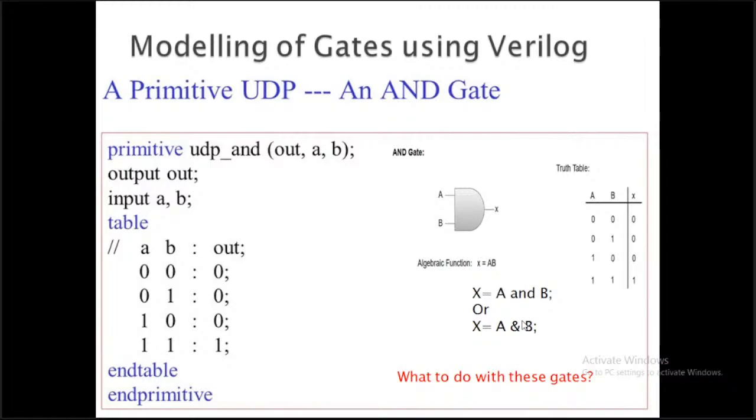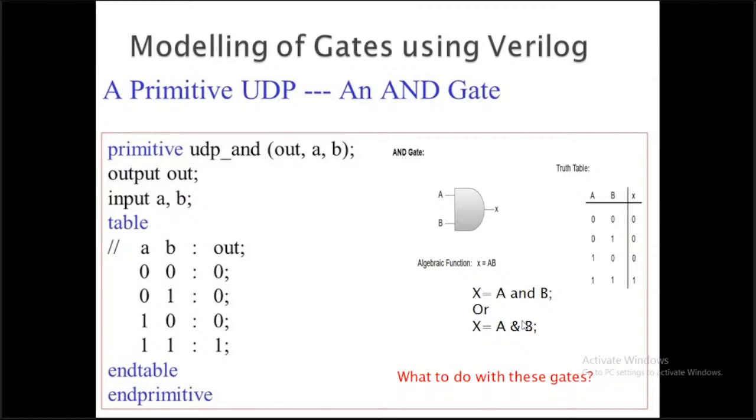We don't care about what resources we have. But when we talk about structural modeling, we have to take care of what resources we have, such as logic gates, the standard cell library, and sub-blocks, like which types of flops we have. Based on that, we write the structural.